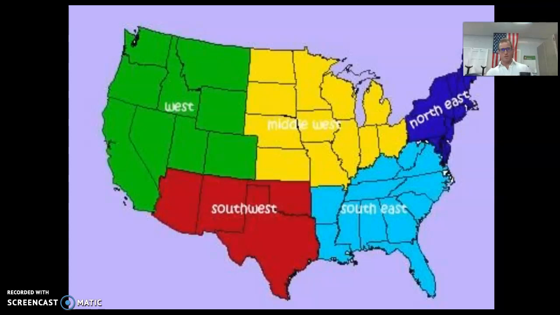And then you have regions of the United States: the Northeast, the Southeast, the Southwest, the Midwest, and the West. There are obvious physical, cultural, and natural differences between each of these regions.